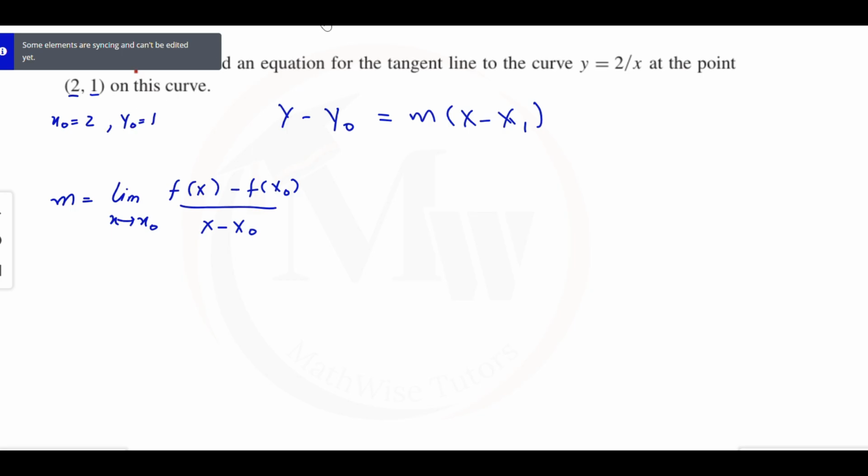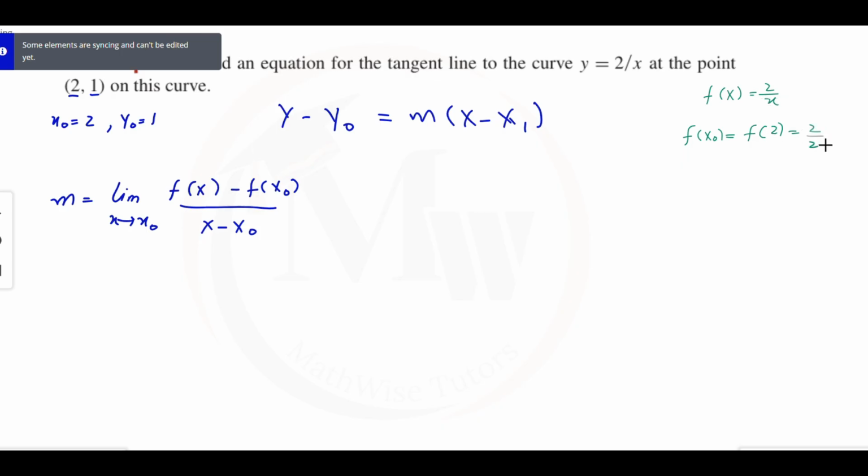So let's plug these x naught and y naught values into the formula. First, let's find f of x naught. f of x naught means f of 2. As we know, f of x is 2 over x, so in place of x we plug in 2.